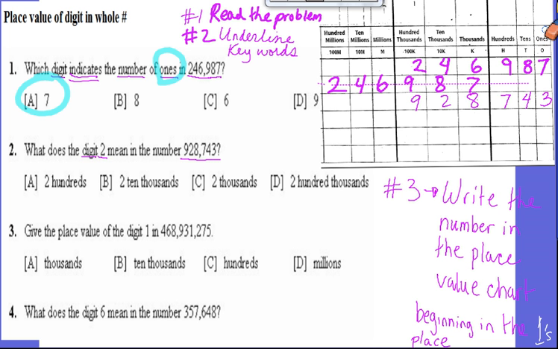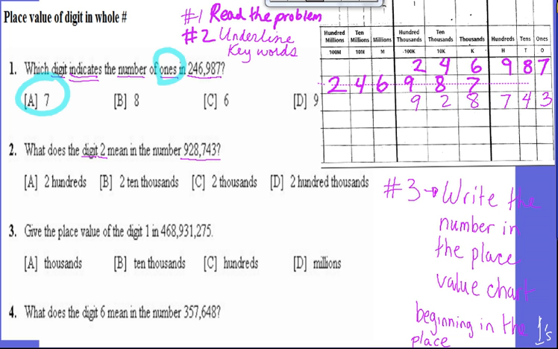So what does the digit 2 mean in the number 928,743? What does the 2 mean? 2 what? Marissa, go ahead. The 2 means it's in 10,000.